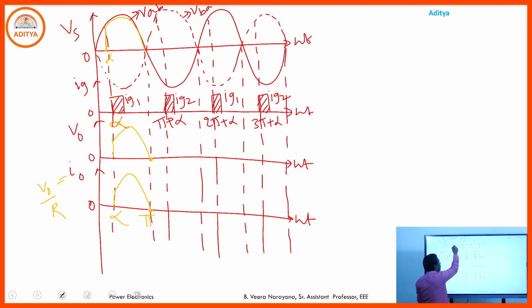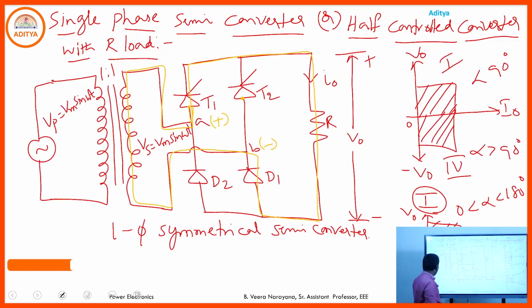And during the negative half cycle of the source, from pi to 2 pi, what happens here?